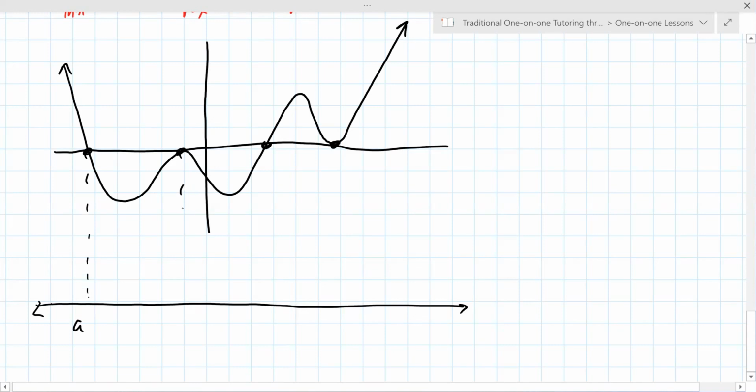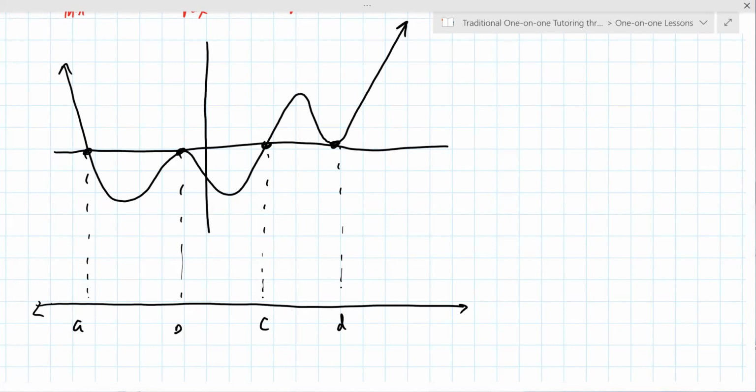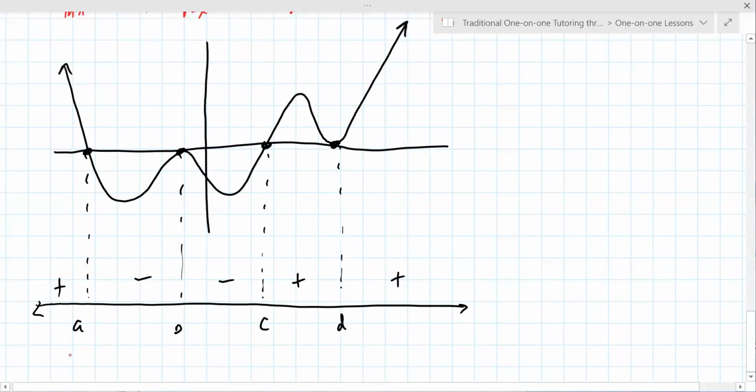We'll call it A, B, C, and D. And you do the same thing. Okay, so it's positive, negative, negative, positive, positive. Yes. Okay, so then this is increasing, decreasing, increasing.